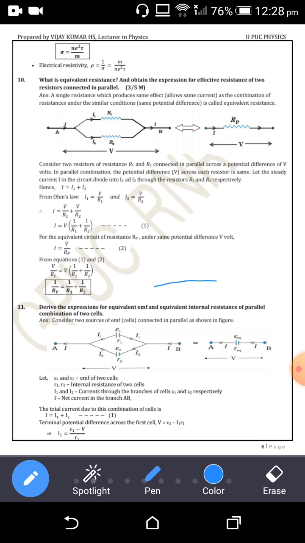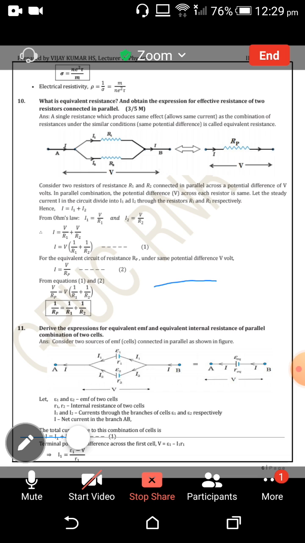You can write sigma is equal to ne square tau divided by m. This is the expression for conductivity. If you want to express the electrical resistivity, it is obviously the inverse of conductivity, right? So rho is equal to 1 by sigma, and the value comes out to be m divided by ne square tau.